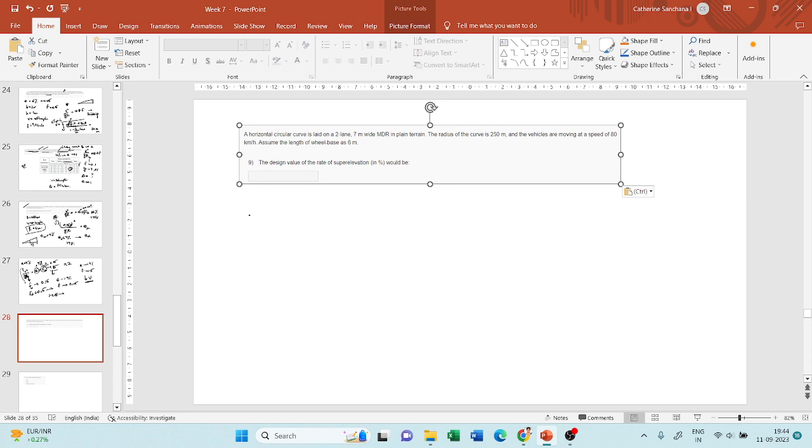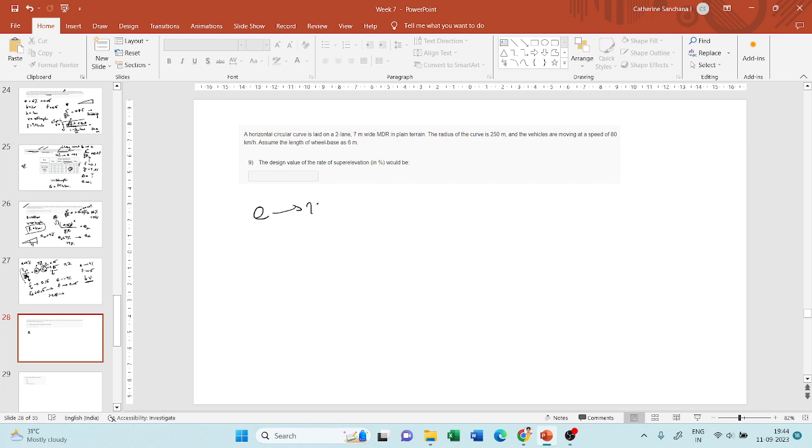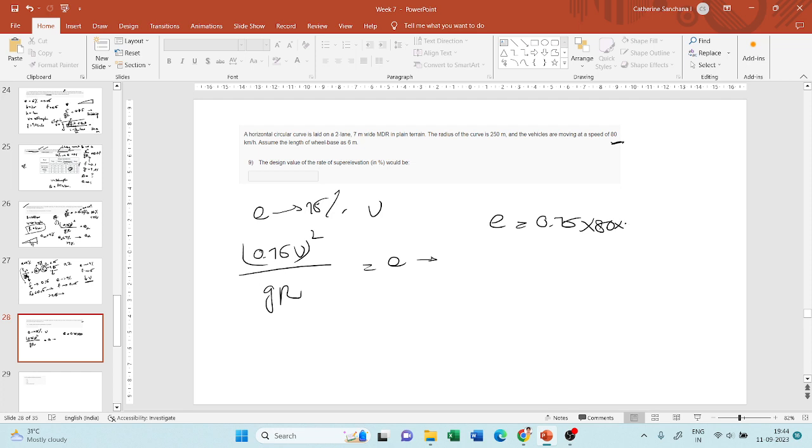We saw that in the first step, E takes care of 75% of the speed, so you simply have to substitute 0.75 V in this equation, and equate it to E. So from here you can find out the value of E. So E equals 0.75 into, convert 80 into meters per second, the whole square, divided by g, which is 9.81, and R is 250.